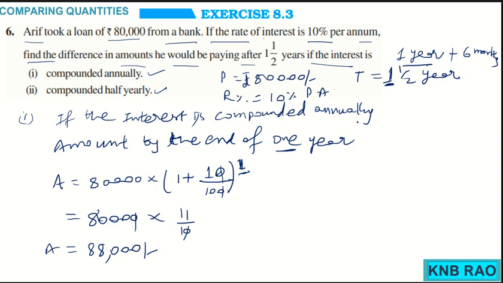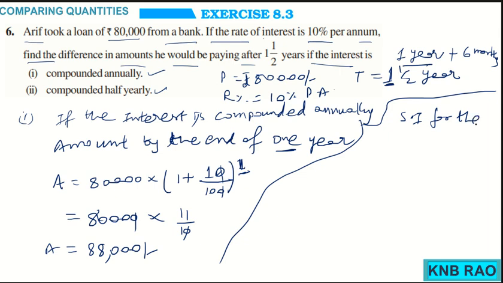Now, what do we have to do? Interest is to be calculated, that is simple interest, for the next 6 months. This is the fractional part. You know how to calculate simple interest, equal to PTR by 100.